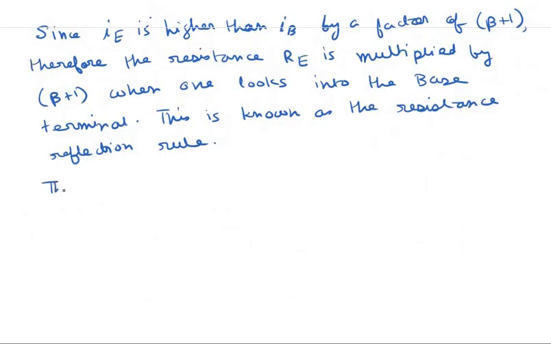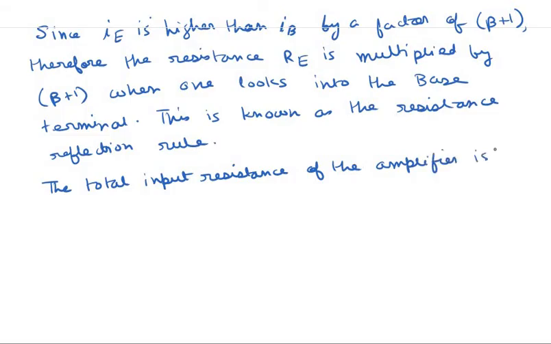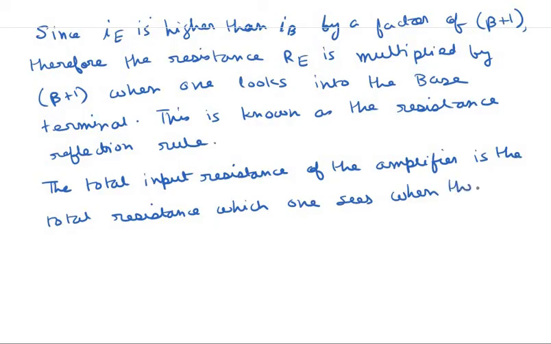The total input resistance of the amplifier is the total resistance which one sees when they look into the amplifier input port or amplifier input point.